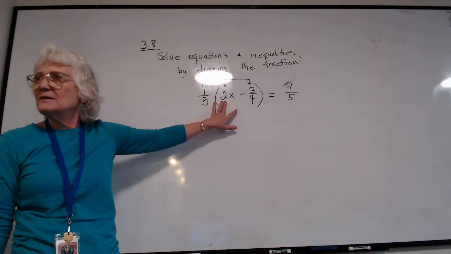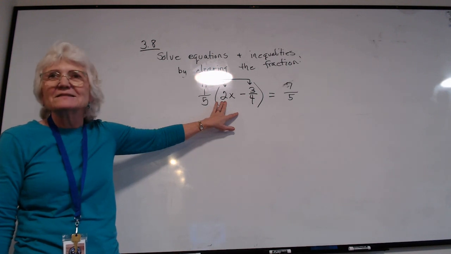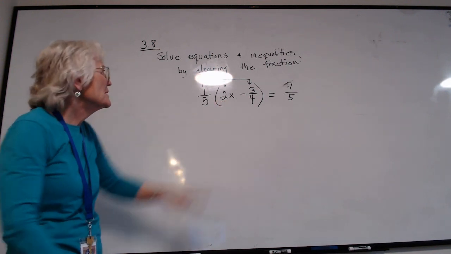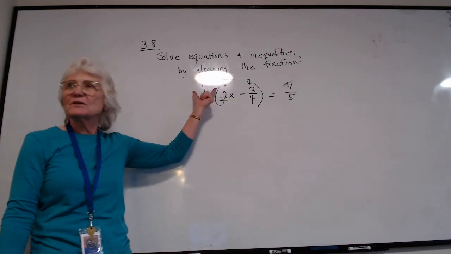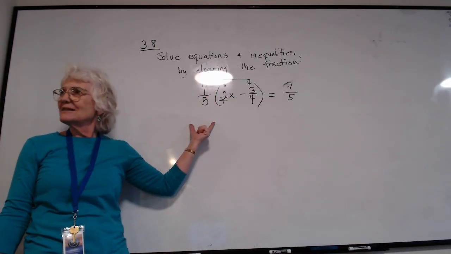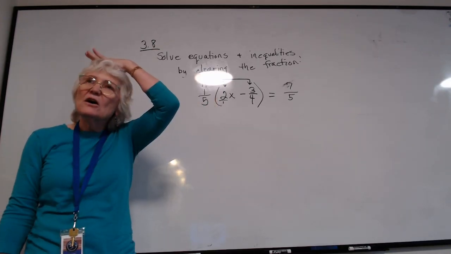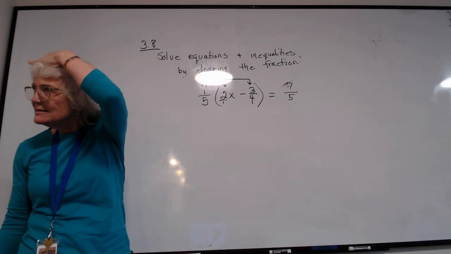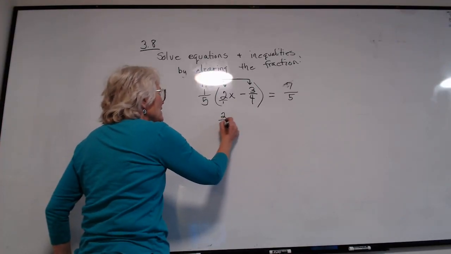What does that give me? 2/10. Yes. 2/5. Because remember, this is 2/1. When we multiply, we just multiply the top numbers and then the bottom numbers. So if you need to remind yourself, a whole number is always over 1 when I multiply. So this is going to give me 2/5.